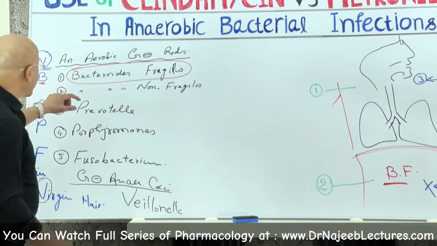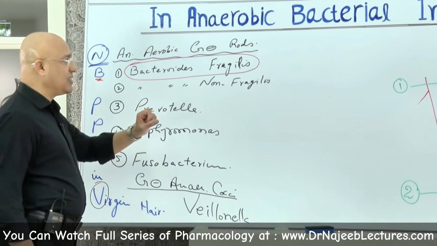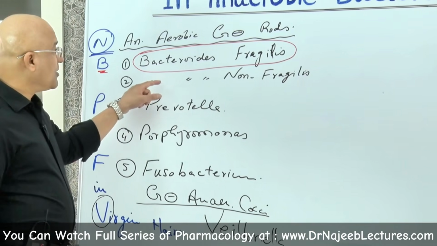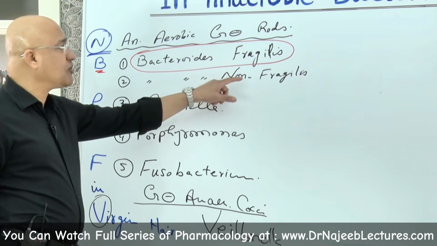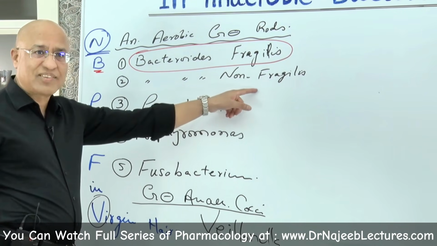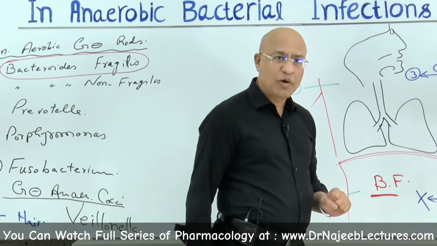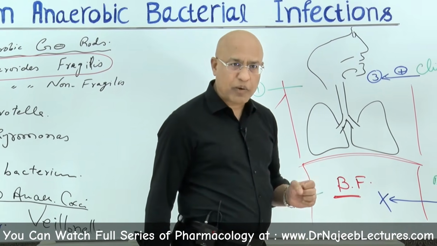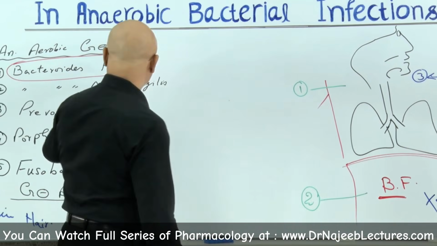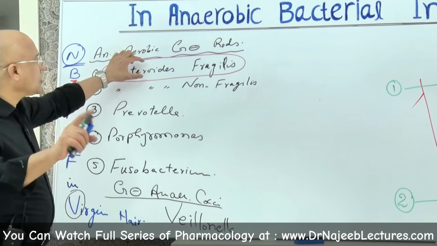And Bacteroides non-fragilis, which does not have the F, is common in the orodental area or oropharyngeal microbiota, right? Now, this is something I want to stress to all of you.